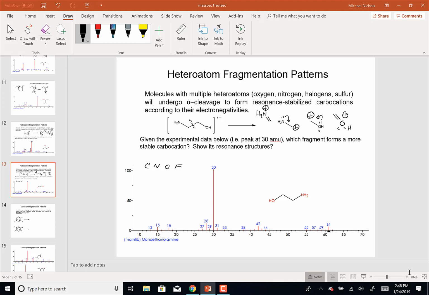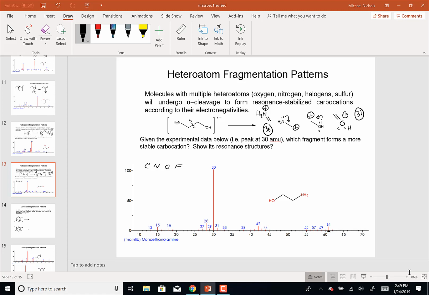Okay, so there are our resonance structures forming, again, the double bond from the lone pairs on the oxygen and the nitrogen respectively, and then the nitrogen and the oxygen get a plus charge. What does the nitrogen one weigh? 30? What does the oxygen one weigh? 31?